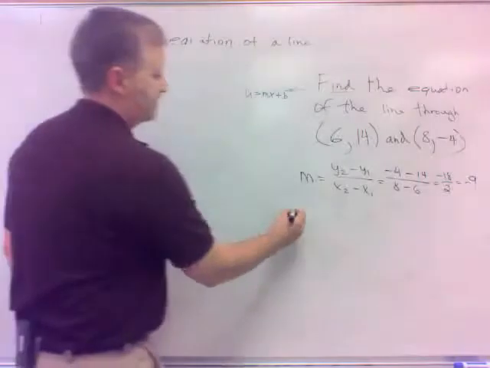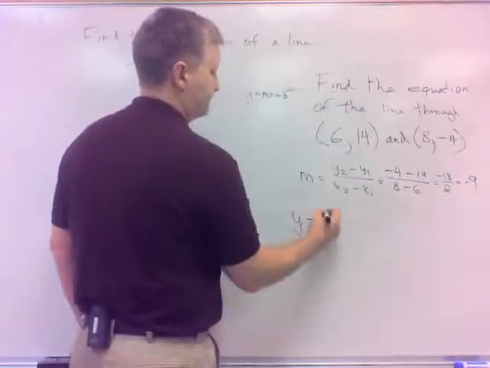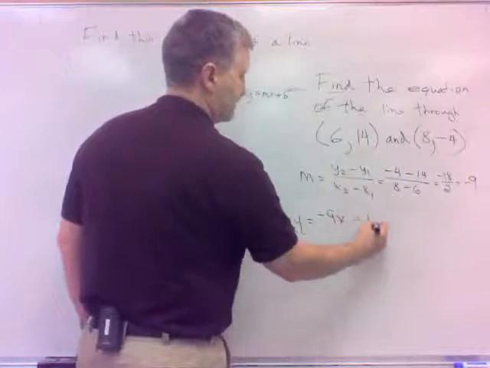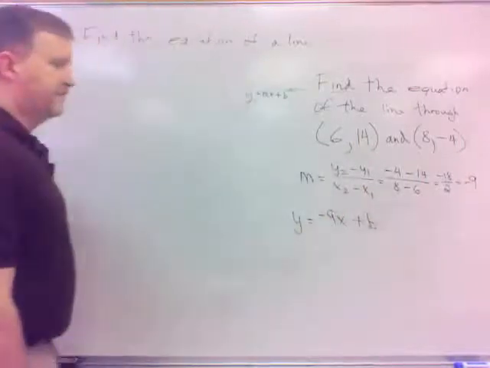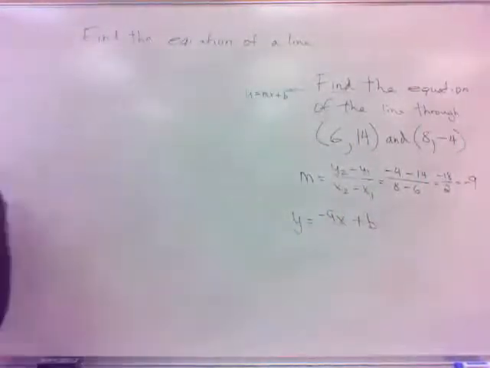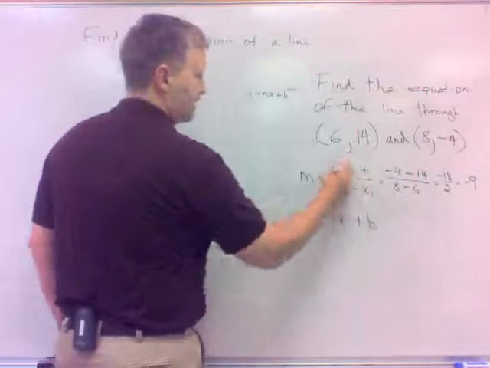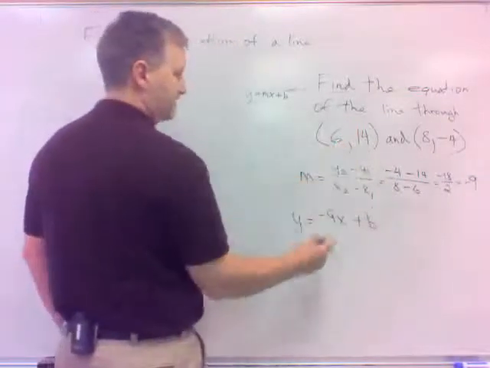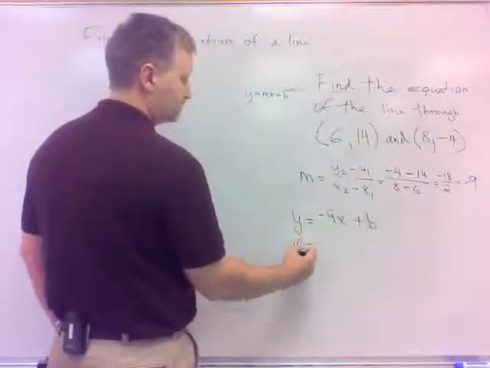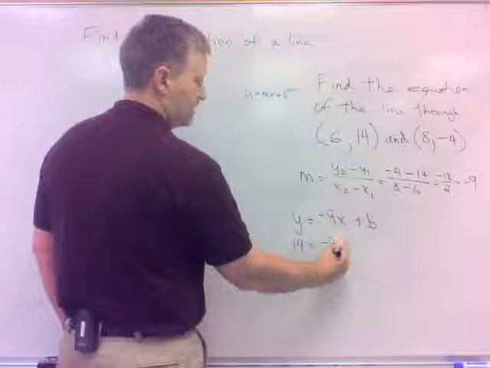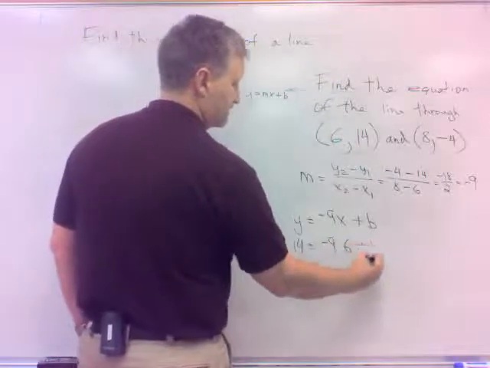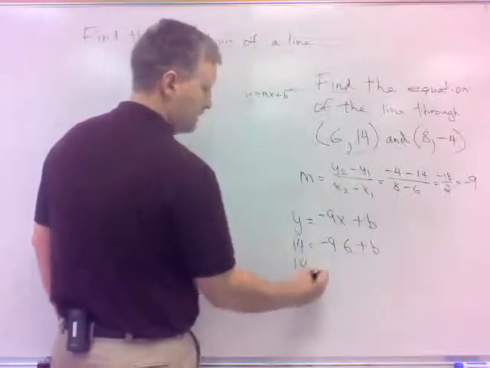So now I've got m, so I can plug that in for m. Then I would just have to find out b. And the way I could do that, I could plug those in for x and y: 14 for the y and 6 for the x.